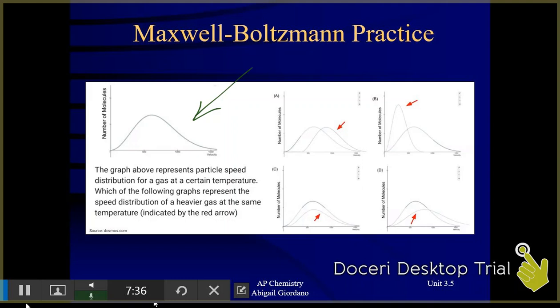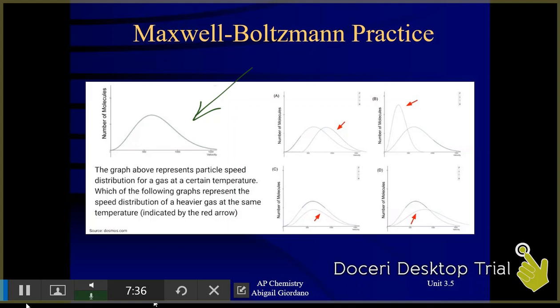So we've talked about a Maxwell-Boltzmann distribution curve at two different temperatures, but what about if we're comparing two different gases? Well, heavier gases, I'm looking at my noble gases and I'm looking at some of the big boys like radon. Radon atoms are big boys.